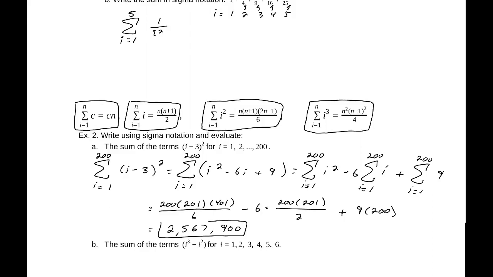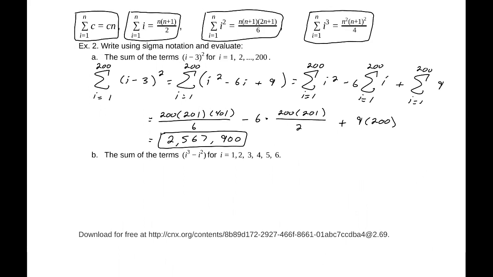Let's do something very similar for part B: the sum of the terms I cubed minus I squared for I equals 1 through 6. So I cubed minus I squared, I equals 1 to 6. All right, well, that will be the sum for I equals 1 to 6 of I cubed, minus the sum for I equals 1 to 6 of I squared.